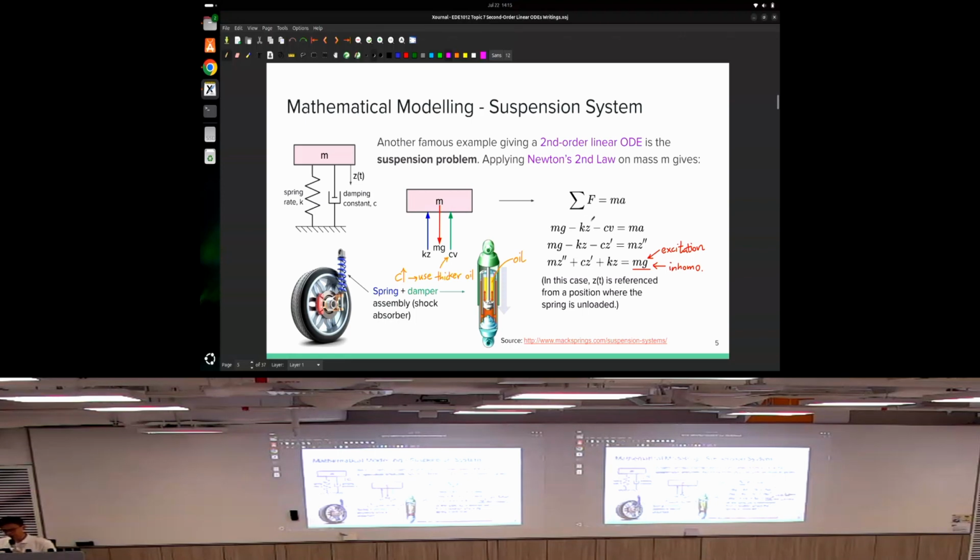So after we have applied Newton's second law to model it, originally we have an excitation term that is mg. So that makes the ODE here inhomogeneous, and certainly we can solve inhomogeneous second order systems as you will see later on.